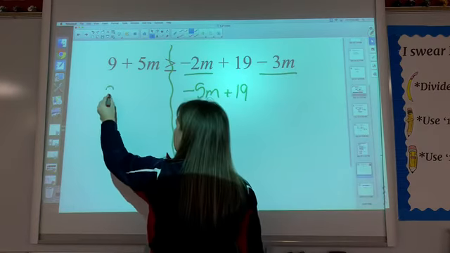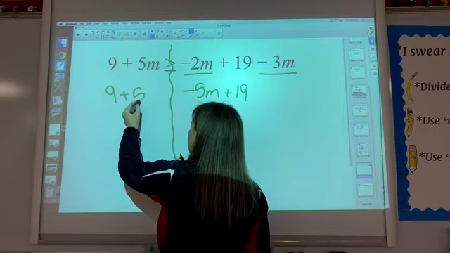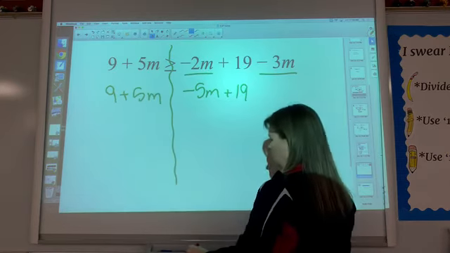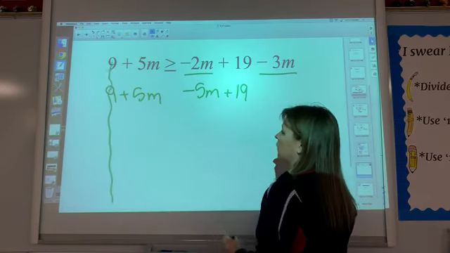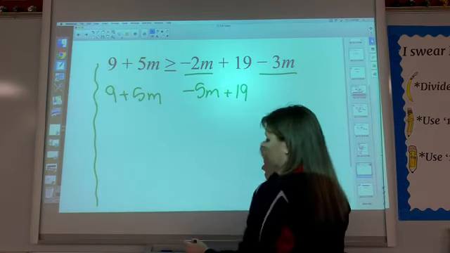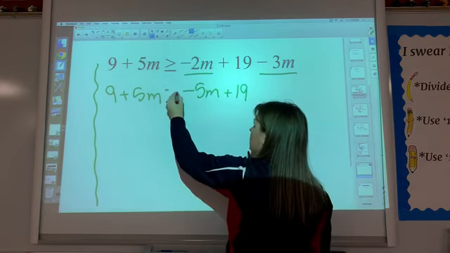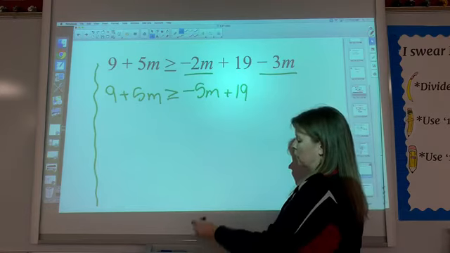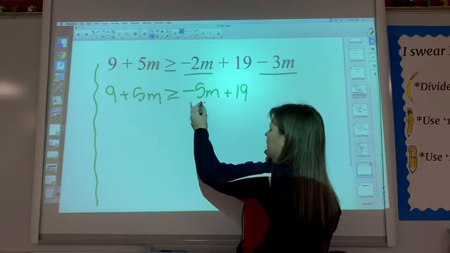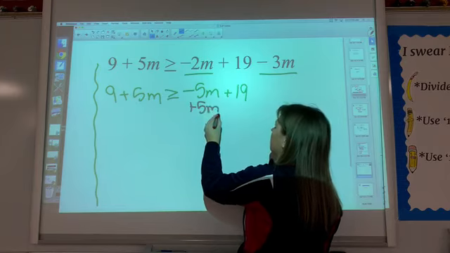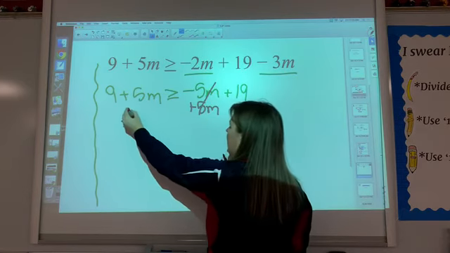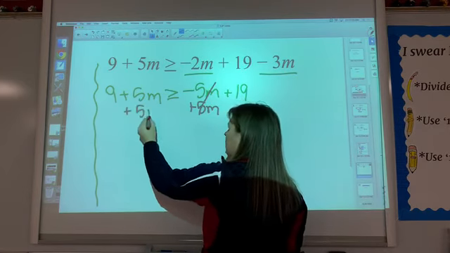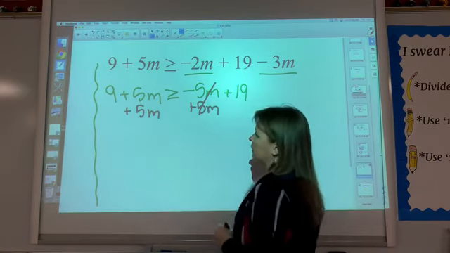-5m plus 19 over here. Over on the left, you have 9 plus 5m. And now you have your greater than or equal to sign. Careful. Watch your negatives and your positives. I'm going to add 5m and add 5m. These do not cancel out.